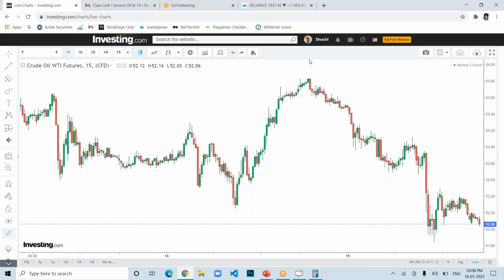Do you all have any other questions, queries? Aditya, we will discuss this tomorrow in tomorrow's session, Nifty and Bank Nifty analysis. Let's do it tomorrow.